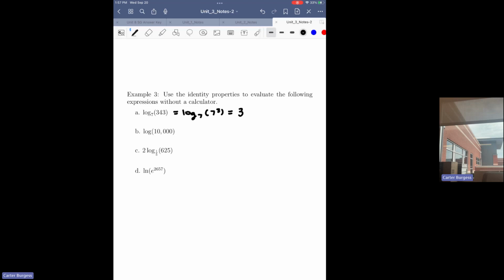Yeah, 5 to the 4, because 5 squared would be 25, 5 cubed would be 125, 5 to the 4 would be 625. Ideally we would like this to be 5 to the 4th, but that doesn't match the base. How could I match 5 to 1/5? What power would I have to raise 5 to for it to equal negative 4? Exactly.